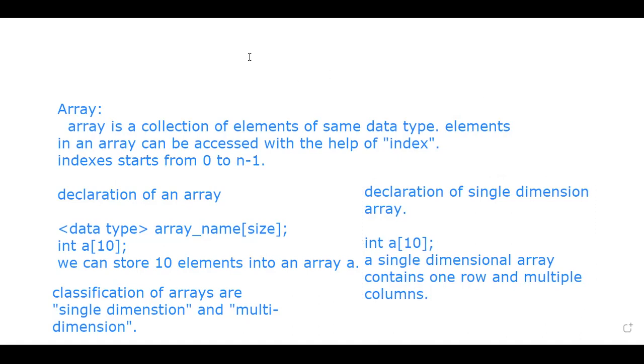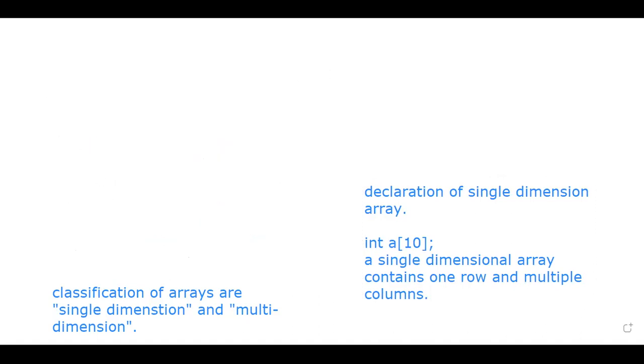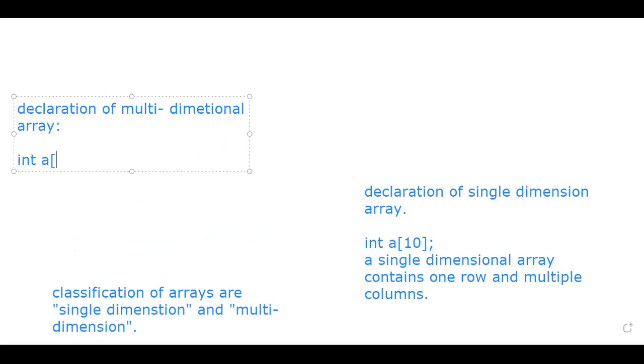In the case of a double dimensional or multi-dimensional array, I will show you an example. How do you declare a multi-dimensional array? For example, int a of 2, 2. In this case, it contains 2 rows and 2 columns.